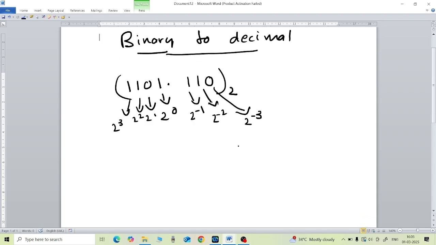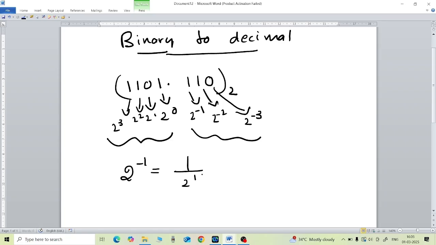Regarding this portion we have already discussed in our previous classes. You can check that class, and the link is given in the comment box. So when it comes to this portion, 2 raised to minus 1 is 1 divided by 2 raised to 1, that is 1 by 2. So this is half or 0.5.